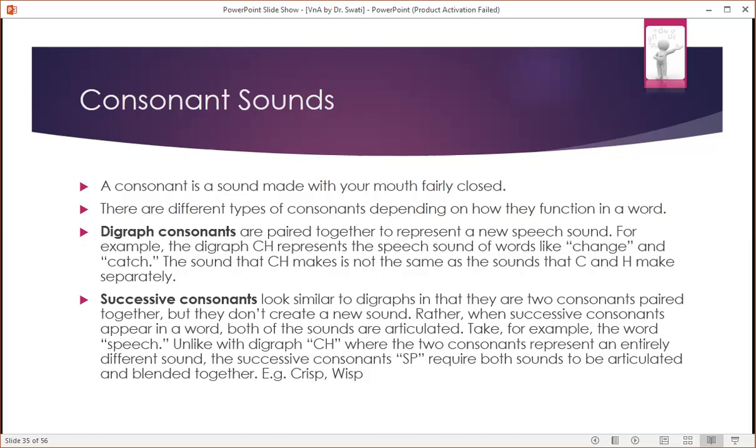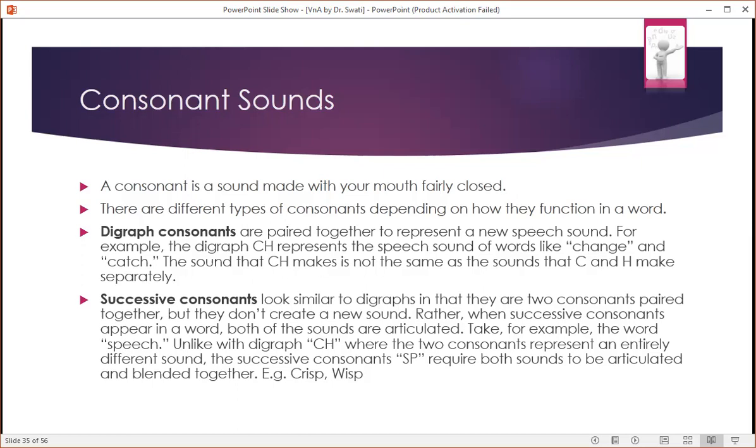Let's take an example, S, P. Okay, S, P. If we combine S, P together, it gives a sound of S as well as of P. So both the letters are articulated with a separate sound. Speech. So S, P in combination: speech, speech, speech, like that.